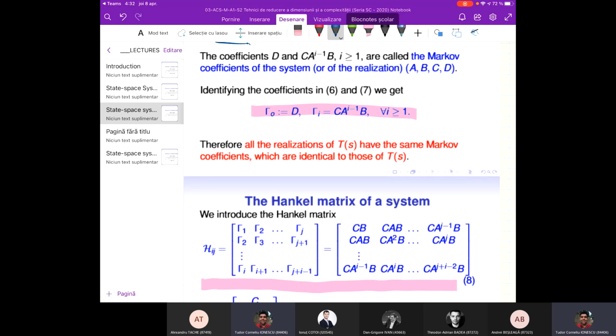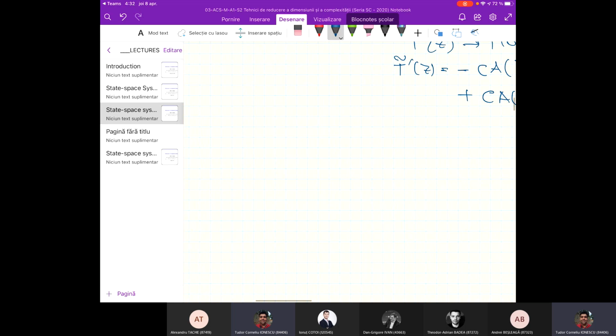Therefore, all the realizations of T(s) have Markov coefficients which are identical to T(s). So these are invariants, that's how we call them. They are invariants of the system. The Markov coefficients of a system are invariants. What does this mean?